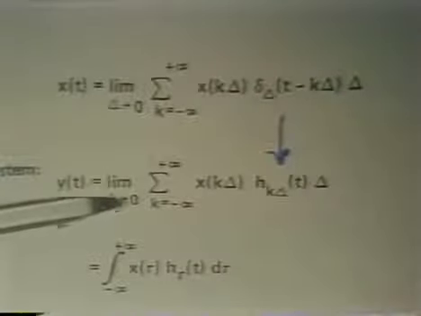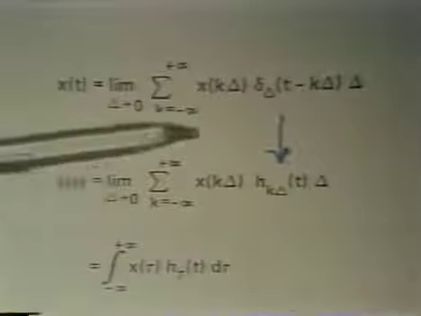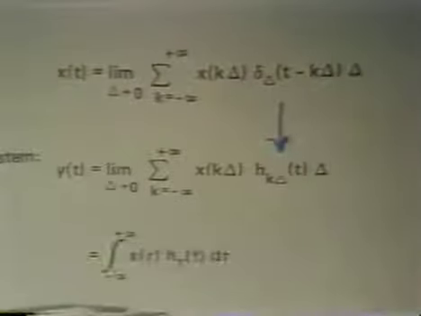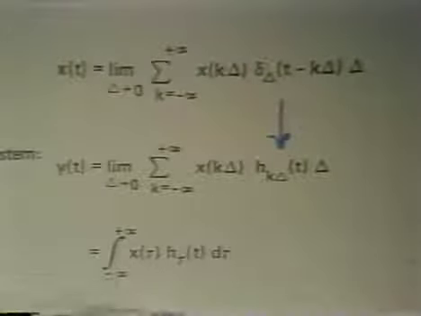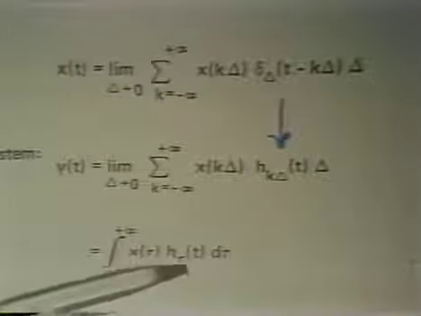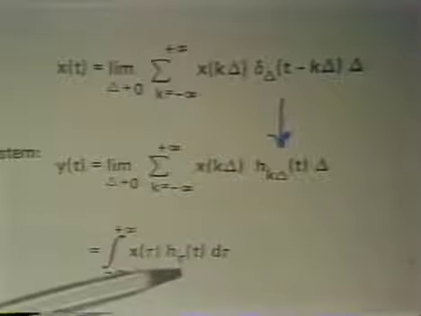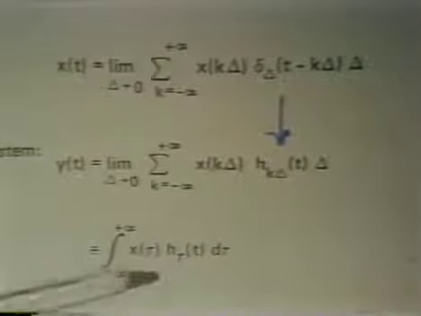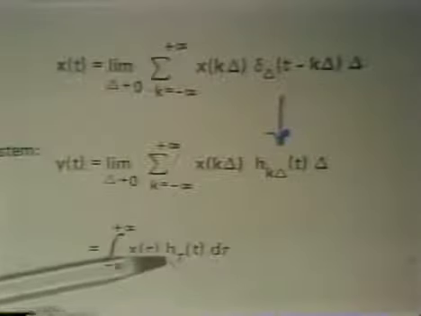Again taking the limit as delta goes to 0, by definition, this corresponds to an integral, and it's the integral that I indicate here, with h sub tau of t corresponding to the impulse response due to an impulse occurring at time tau. Now again, we can do the same thing.